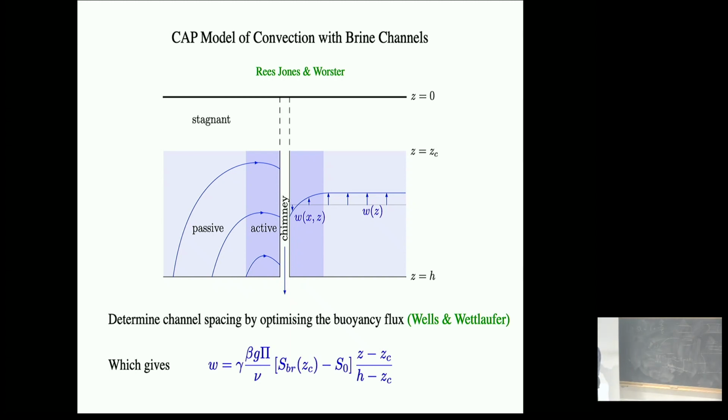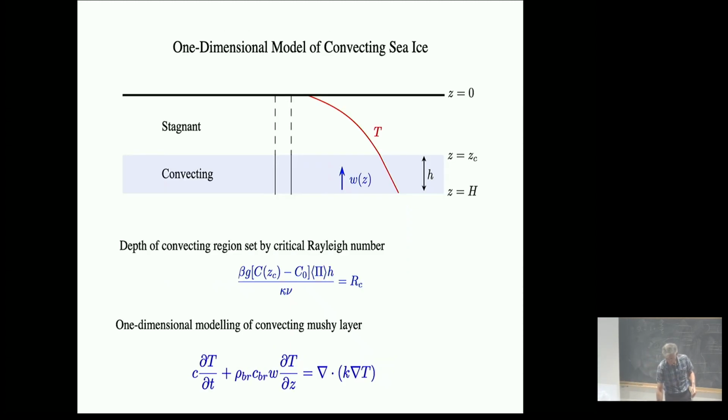And that's great. Because if I have a uniform vertical velocity over most of the mushy layer, I can use that uniform flow in a one-dimensional heat equation. So I really just have a one-dimensional heat equation through this region with a flow strength that's determined analytically in this region. So that's great news.